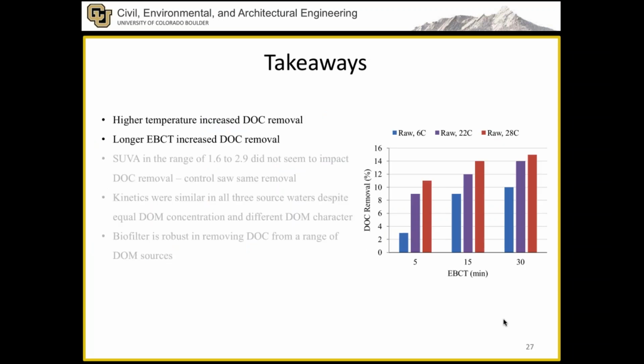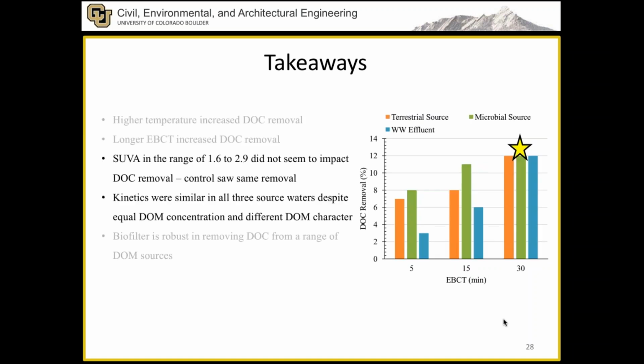So some takeaways from this study, we saw that higher temperature led to increased DOC removal, as well as longer empty bed contact time increased DOC removal. We saw that SUVA in the range of 1.6 to 2.9 did not seem to impact DOC removal, as our control saw the same 12% removal in each source water.